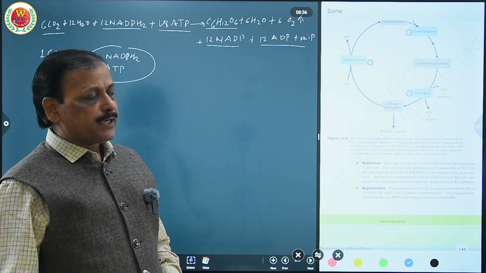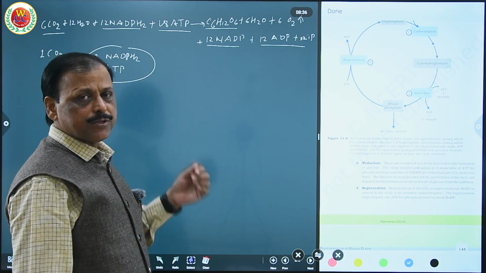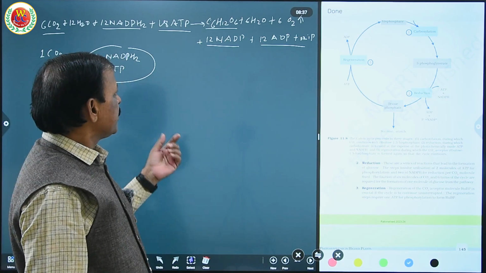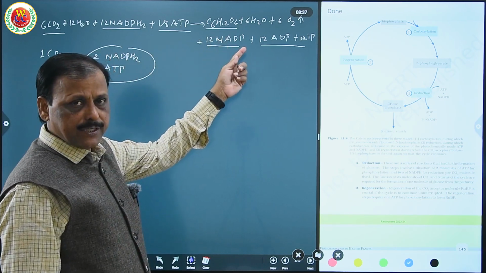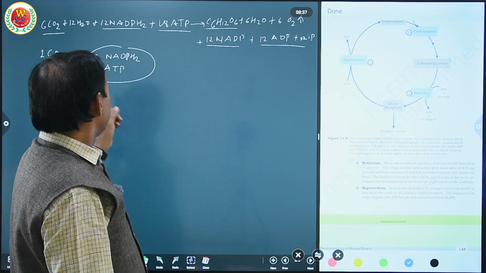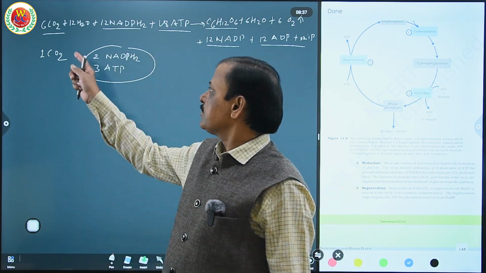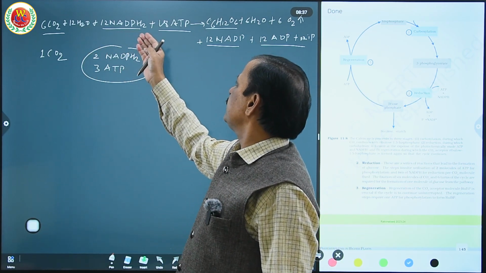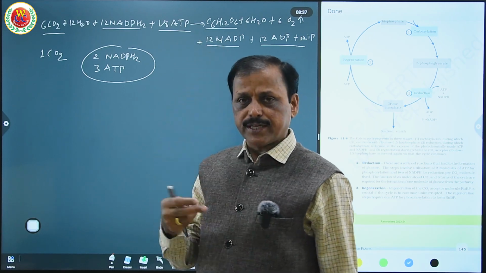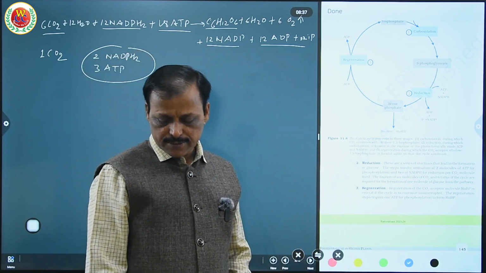So as a part of NEET, this question can be asked. By having complete and clear knowledge of the equation, you can solve this kind of question if the number of molecules of either CO2, H2O, NADPH2, ATP or glucose are changed proportionately, and the question is asked.